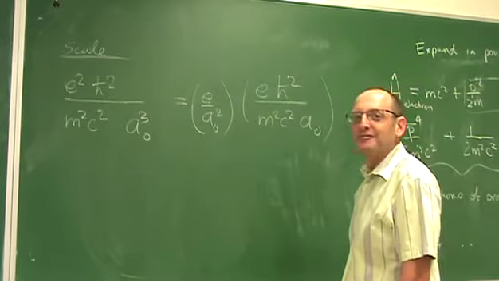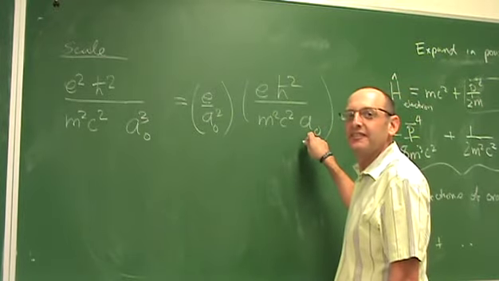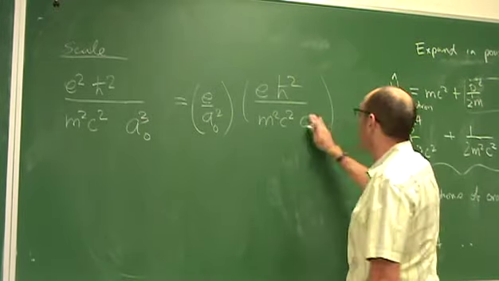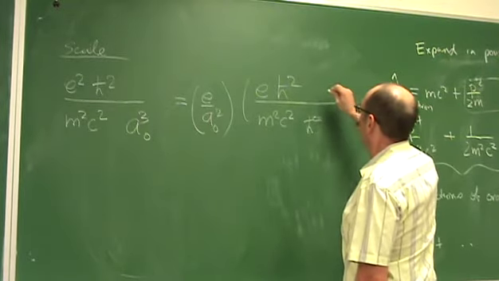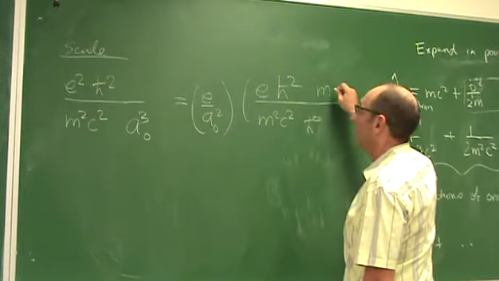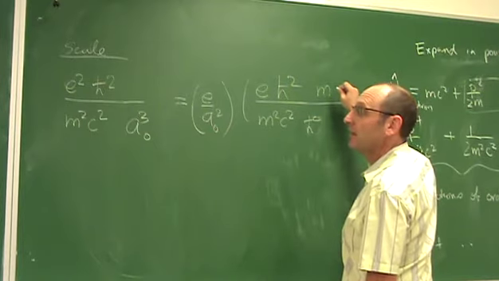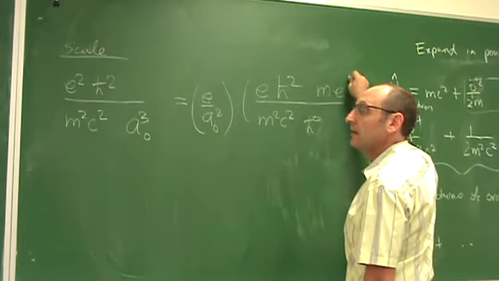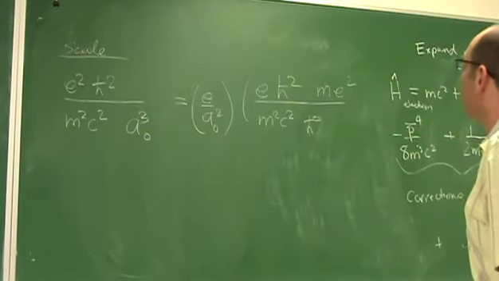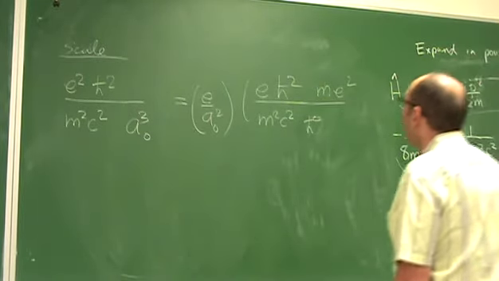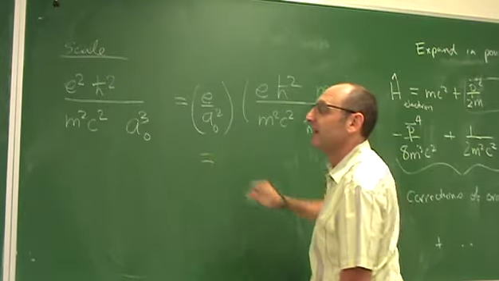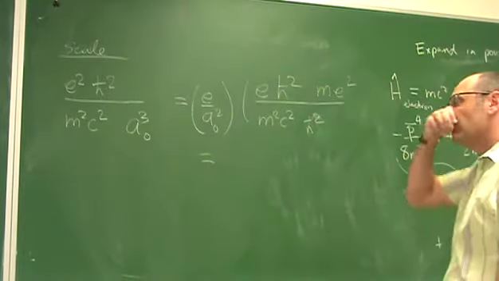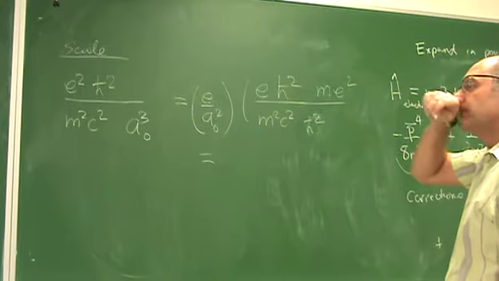Let's plug in for a naught. a naught is h bar squared over m e squared. Feels like I have an extra e floating around here and I don't know where it came from.